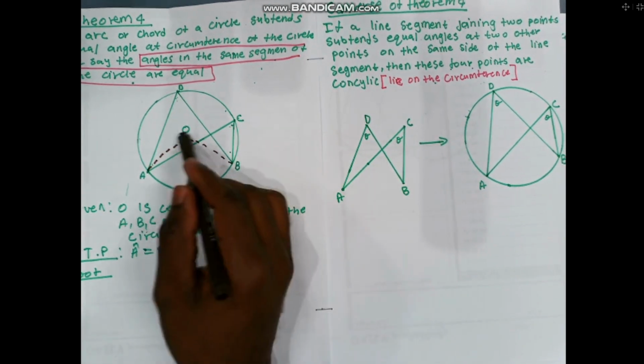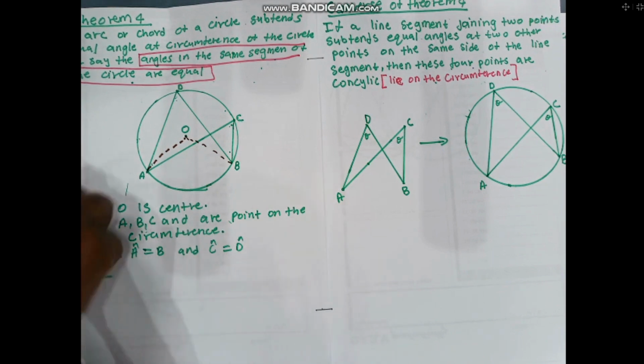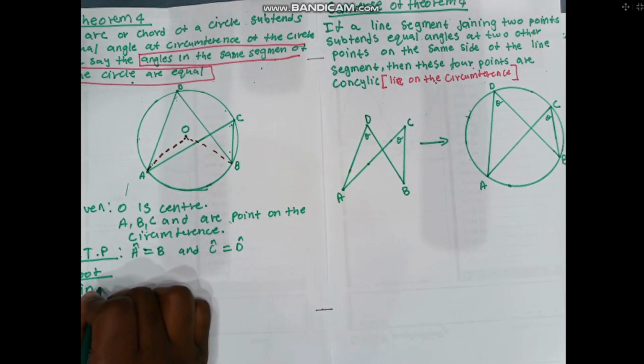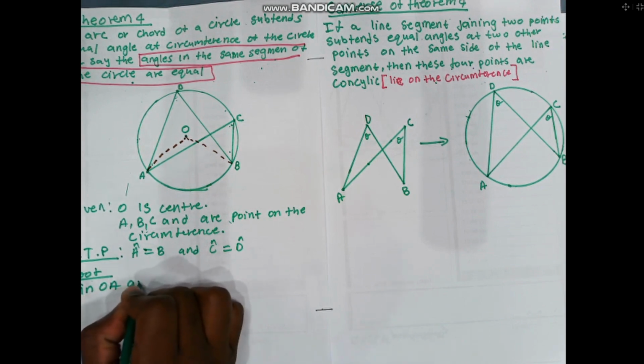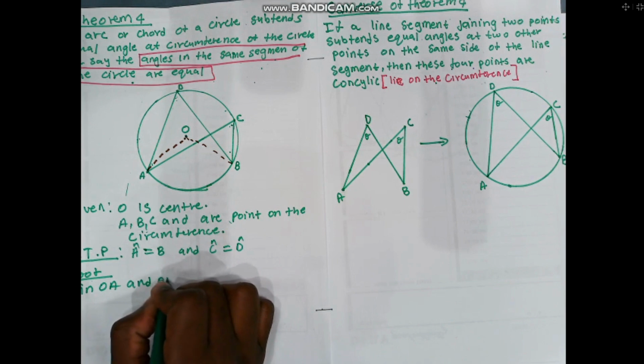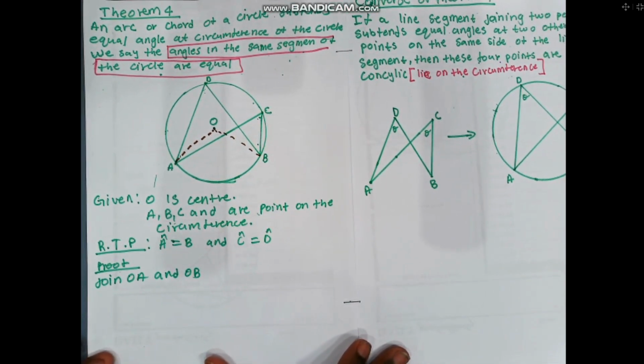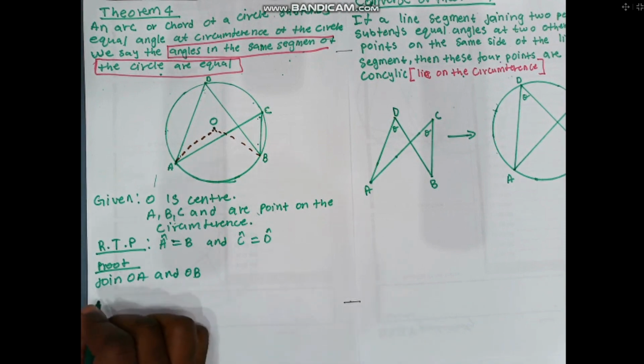This shape. What is this shape saying? But let's start by saying join. We joined OA and OB.